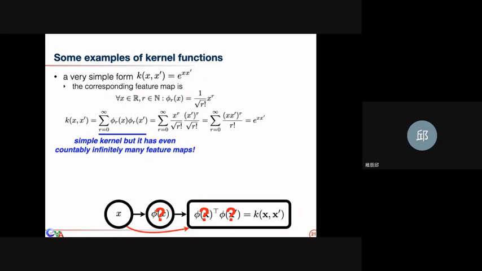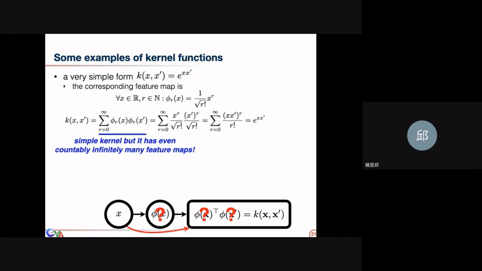You can see this feature computation is quite complicated, right? It is computed by 1 over the square root of r factorial times x to the power of r, and this r goes from 0 to infinity.